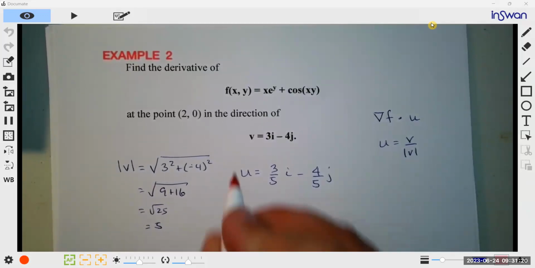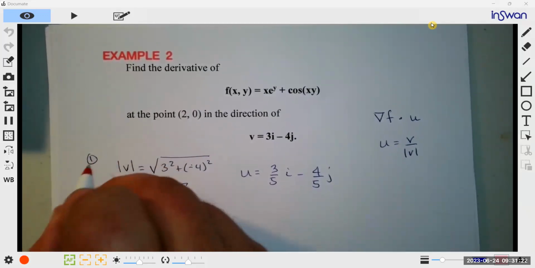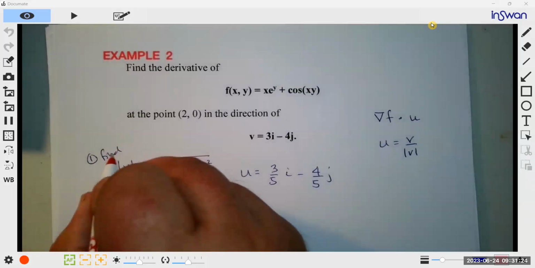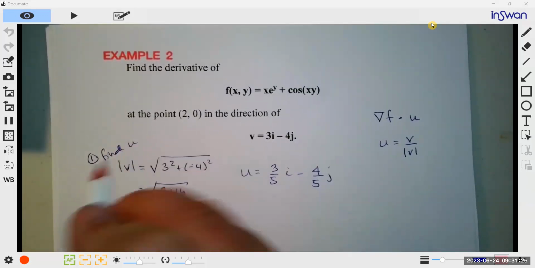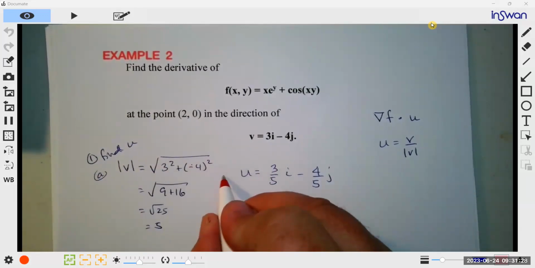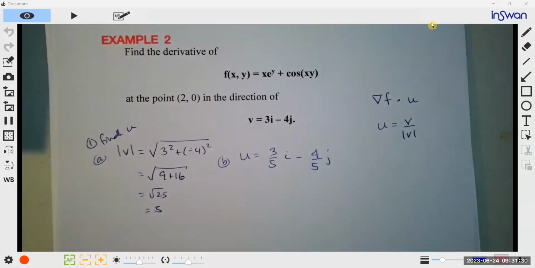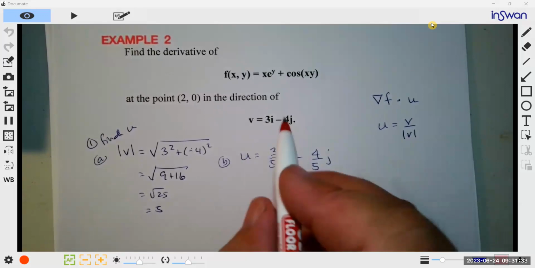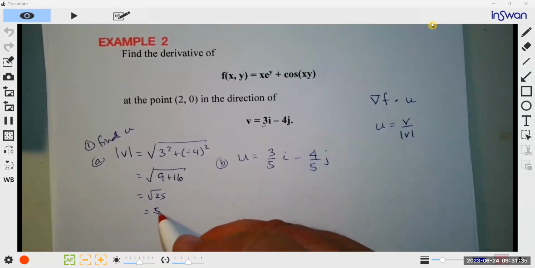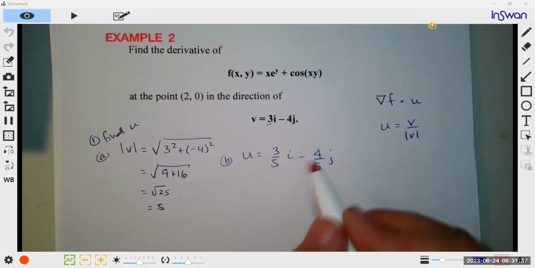So we have to find u, and we took this divided by that.